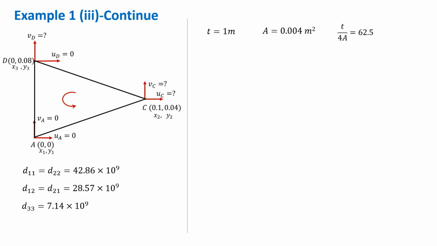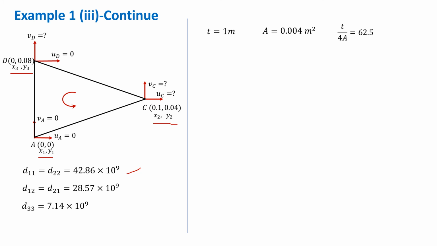In order to determine the terms left in the K matrix 2, we have to refer back to the coordinates of nodes in element 2 in order to know the values x1, y1, x2, y2, and x3, y3. Besides that, we also have to refer back to the calculated material properties such as D11, D22, D12, and so on, as shown in this slide.